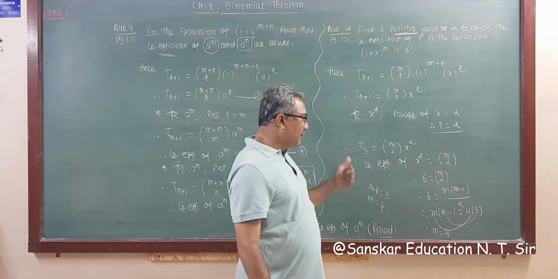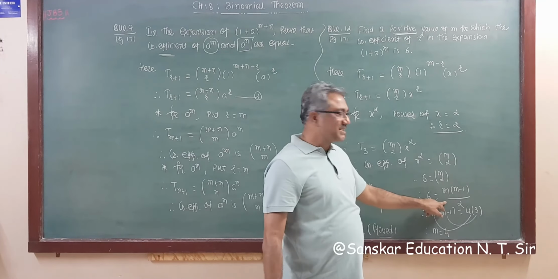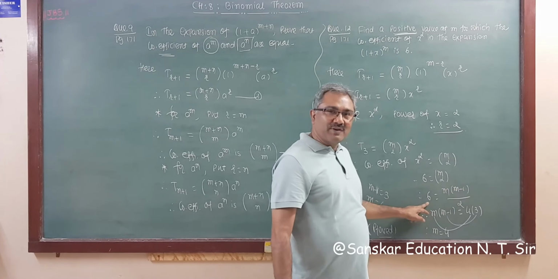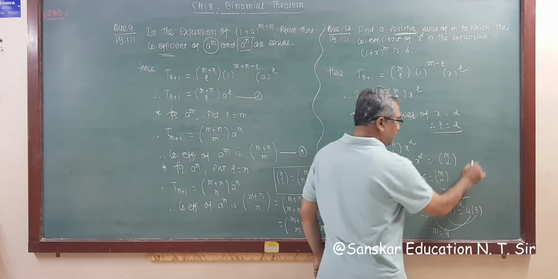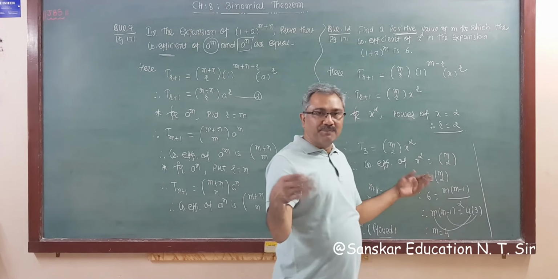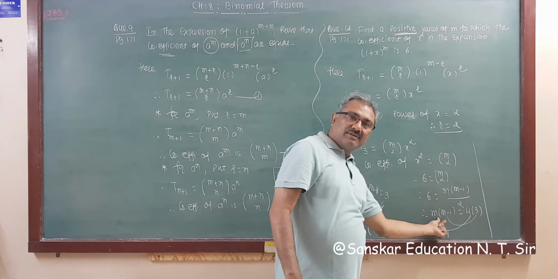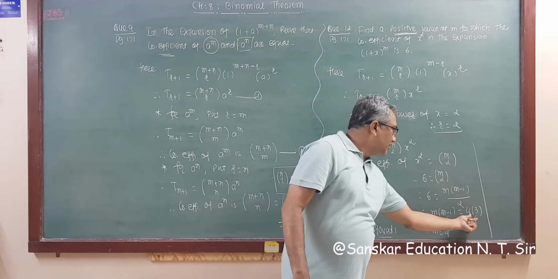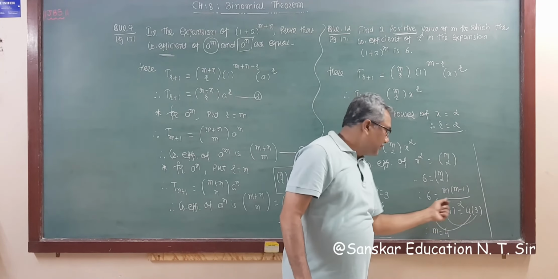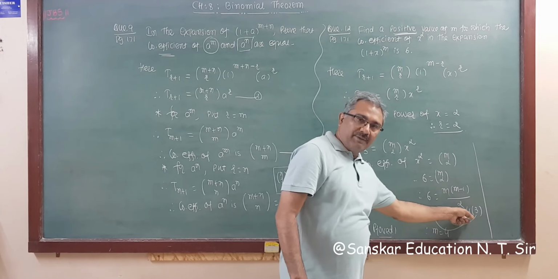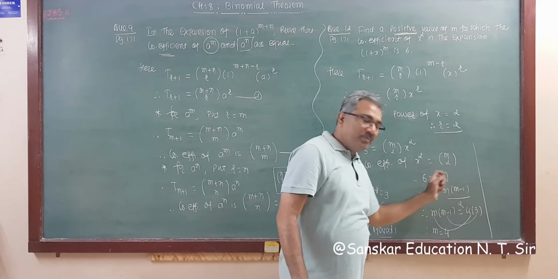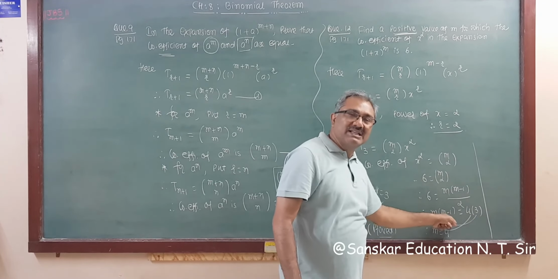Or if you wish to simplify this, m square minus m minus 12 is equal to 0, then you can do that. There are lots of ways to simplify, but this is the easy way. Two consecutive numbers are here, so you have to write 12 as two consecutive numbers. Keep the bigger number first, because this is m and this is 1 less.